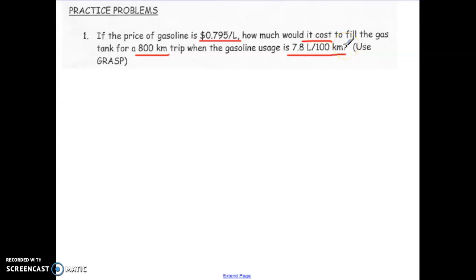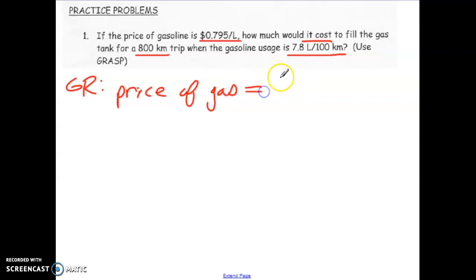So we're going to be using GRASP. This is also a nice little review for what that means. G is everything that we are given, and R is what we are required to find. So we have the price of gas, which is $0.795 for every liter.